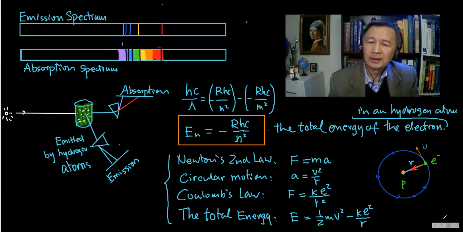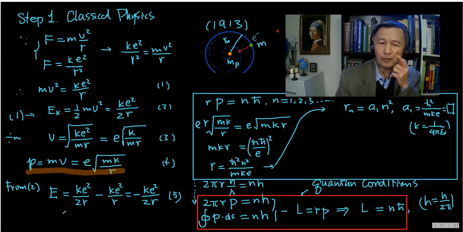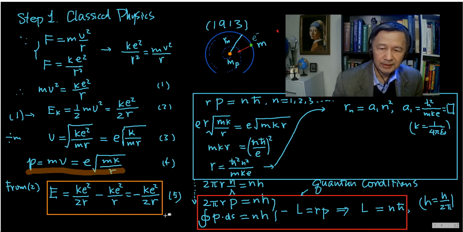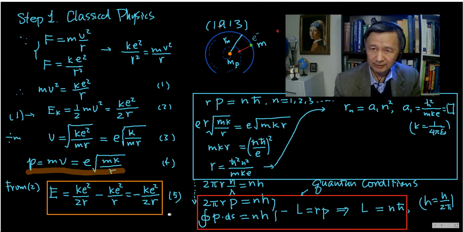So next, we need to find the formula for the energy. Okay, the formula is here. The formula is derived by Newton's law plus Coulomb's law. So this is the formula Bohr first used to obtain his famous formula. That is the total energy.